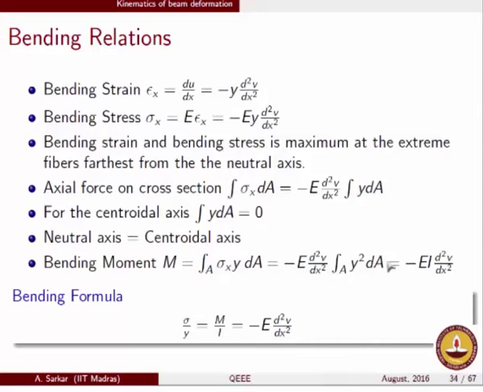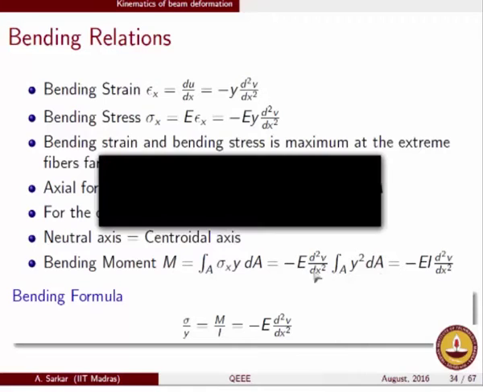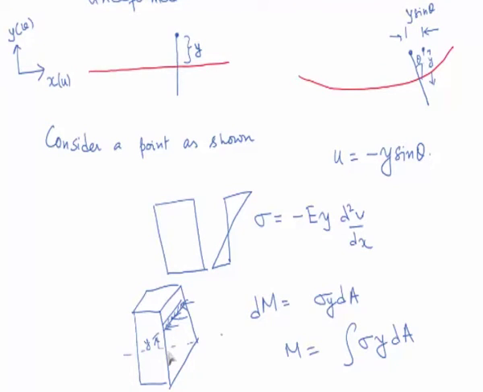So the integral of y square dA is what we have to integrate, and if you recall your engineering mechanics, the integral of y square dA is the moment of inertia. About which axis? About the axis passing through the centroid of the cross section. So the axis is basically this. This is the axis about which I is getting calculated.